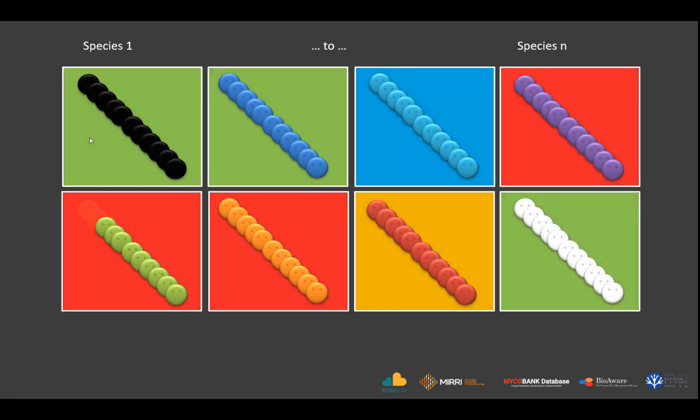And sometimes it's the case, sometimes all the strains of a given species have the same properties, while in other cases it's not the case. But here is the case where different species share the same property, which can happen, of course.